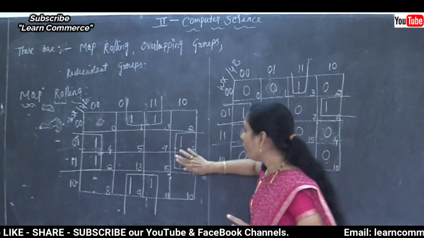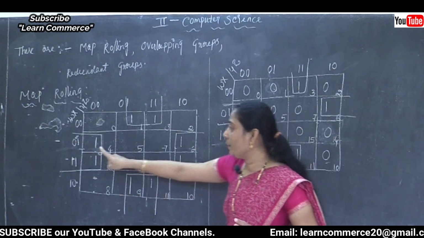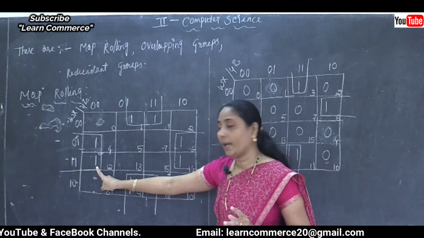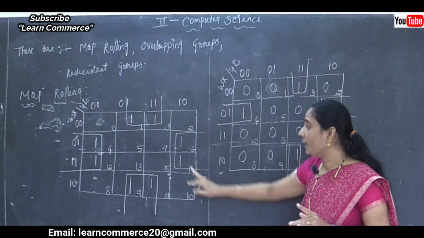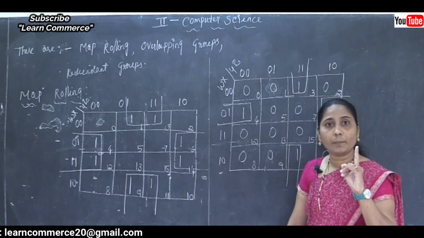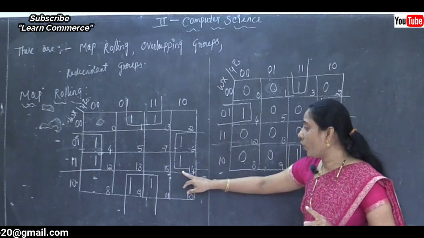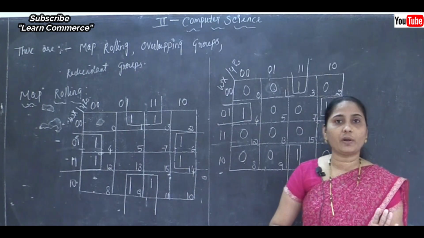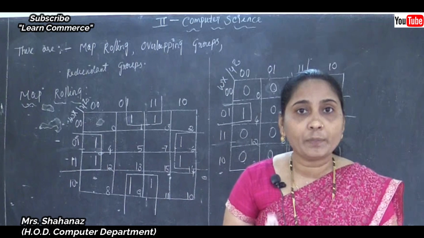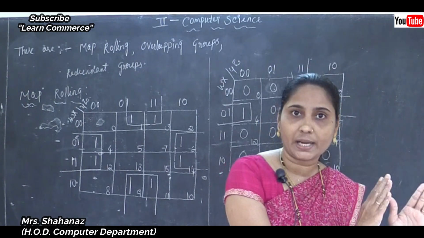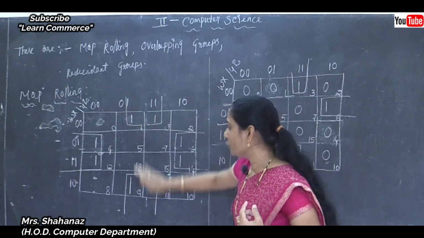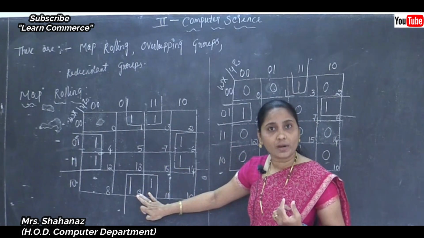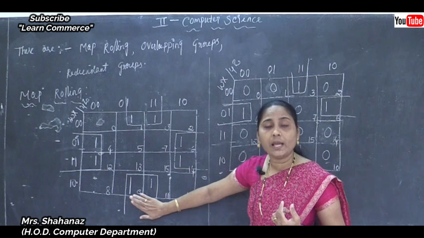Maybe if any one is not there, clear this point? Maybe in number 4 and number 12, we already took the 1, but also on our left side, just for the 6, the number 6 has a 1, but not for our 14. It is not an example of map rolling. That means the ones on the left side should touch the right side, and the ones on the top side should touch the bottom side ones. Clear? So this is called map rolling.